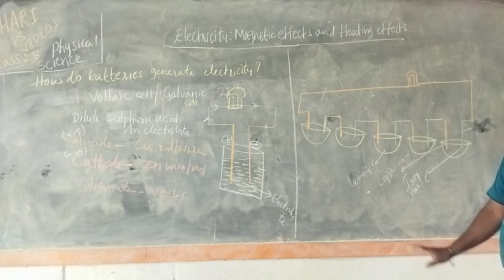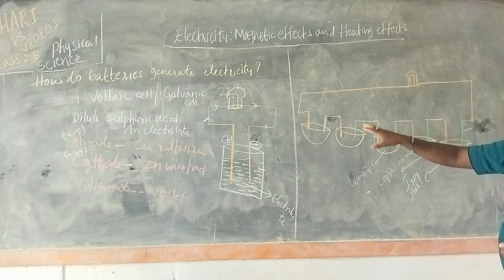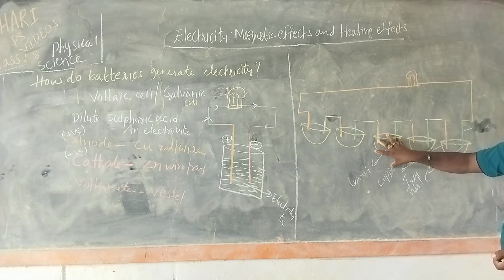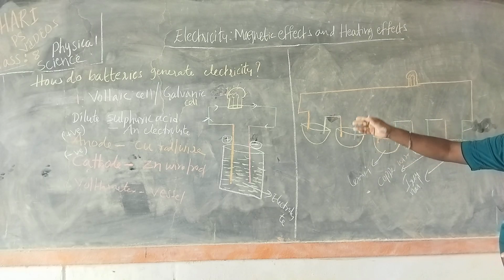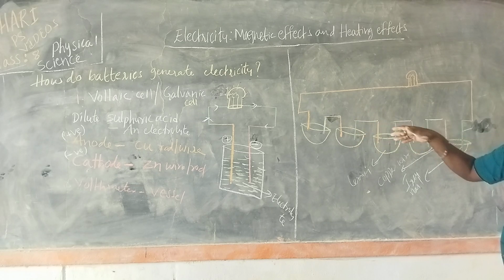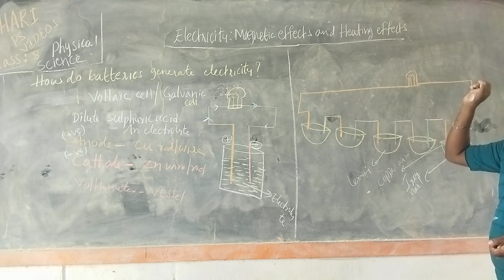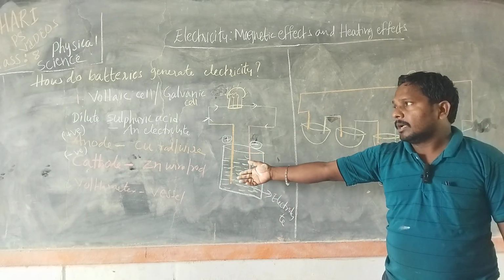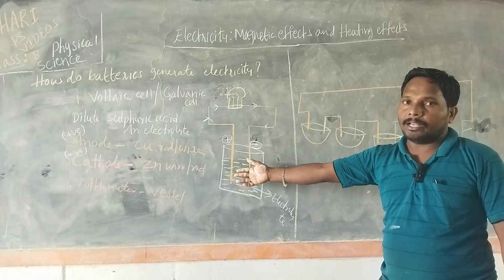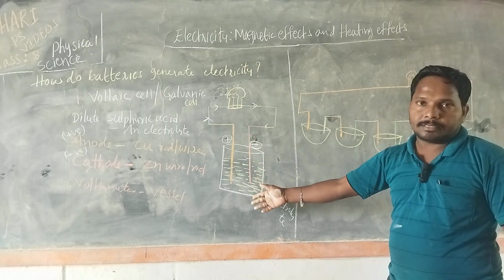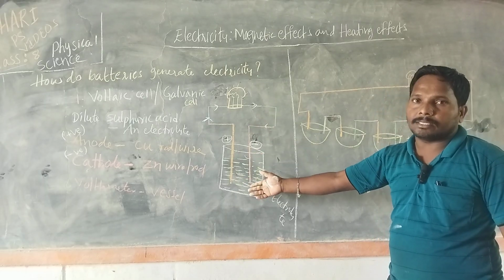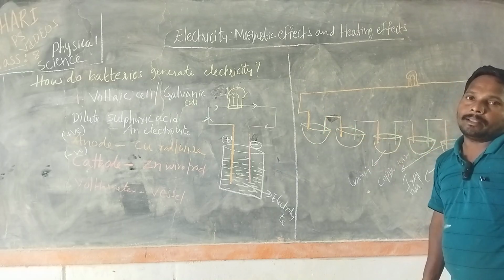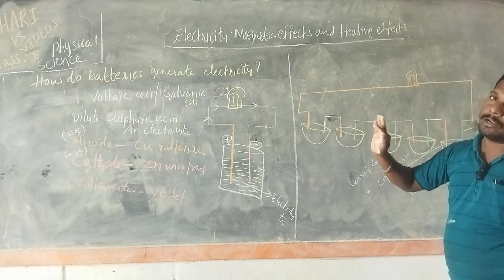Due to the acid present here, two different metallic wires are inserted, and due to the chemical reaction between the metal wires and the acid present in the lemon, electricity is generated in the bulb. The same thing happened here. Alessandro Volta took dilute sulfuric acid and two different metals, copper and zinc. Here, the acid is in the lemon, with copper and iron. Instead of iron, if you take zinc also, no problem.